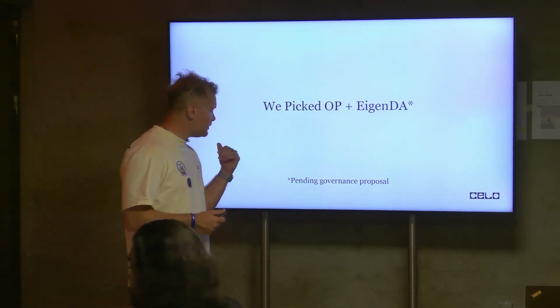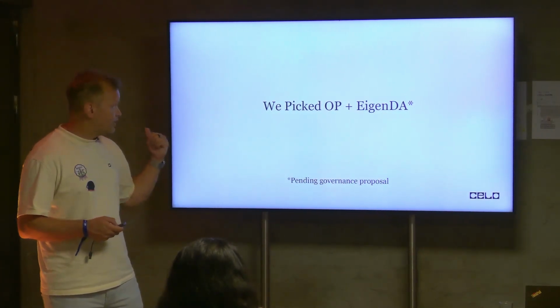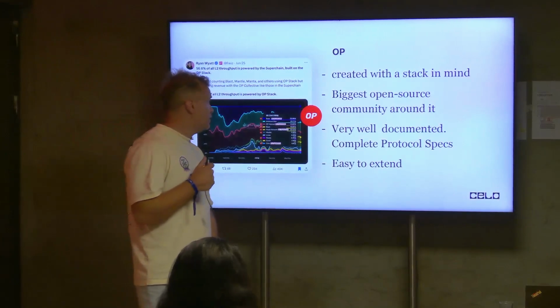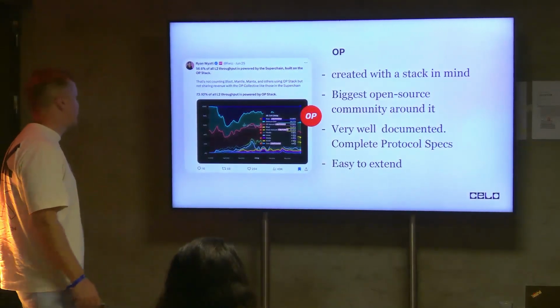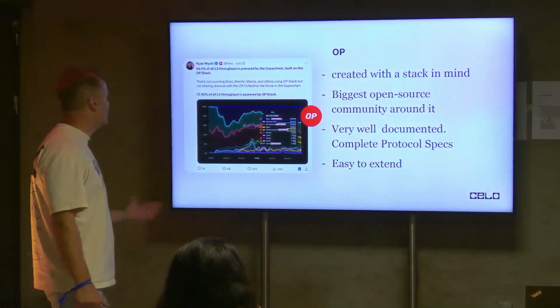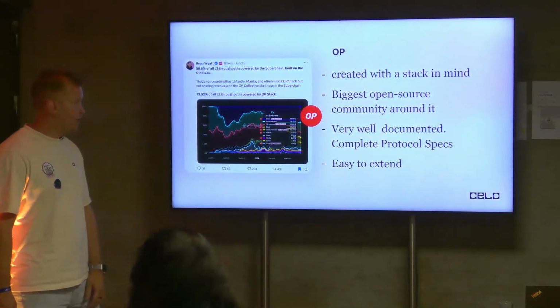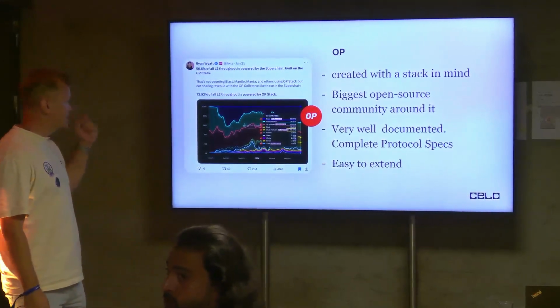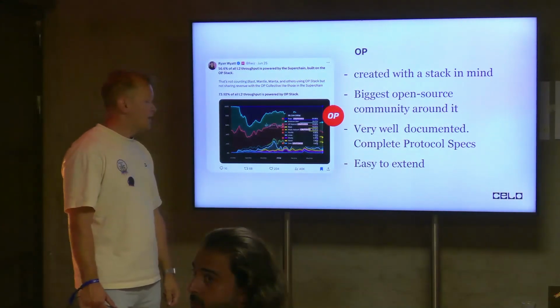In our case, we basically chose OP and Eigen. For OP, I guess the tweet talks a lot by itself. You can see that around 74% of L2 throughput is powered by OP. And why?